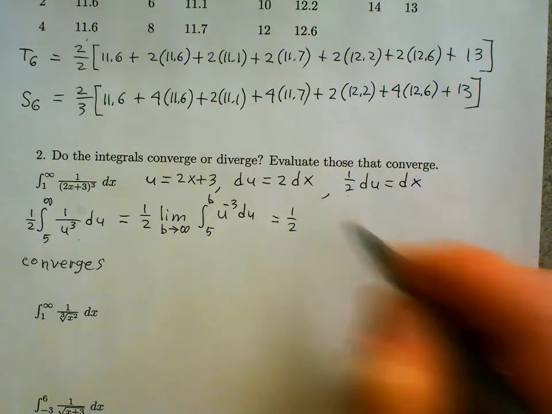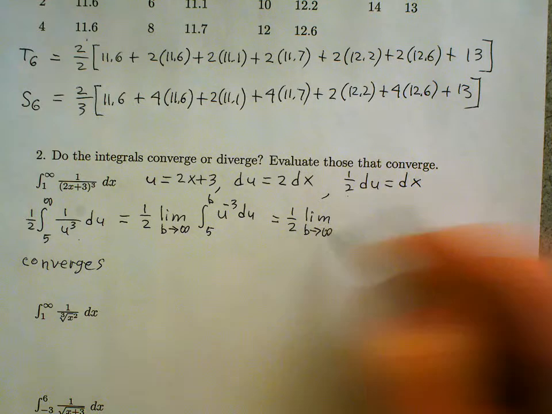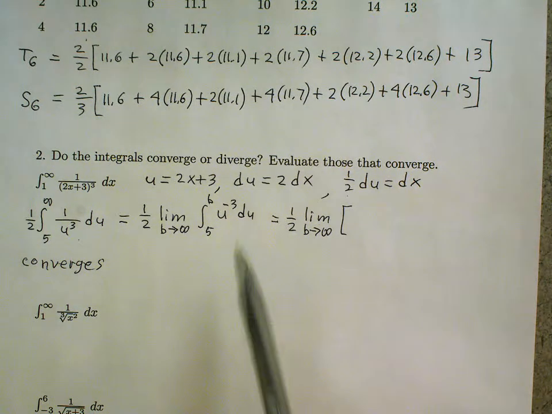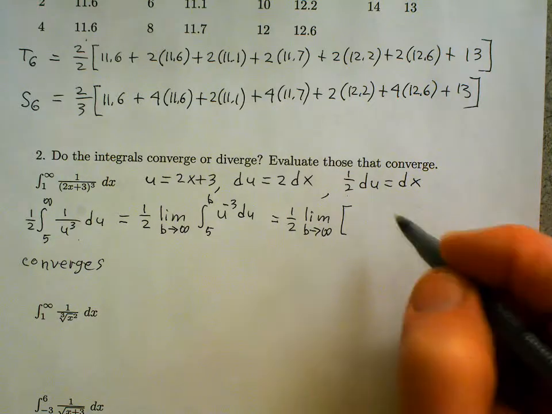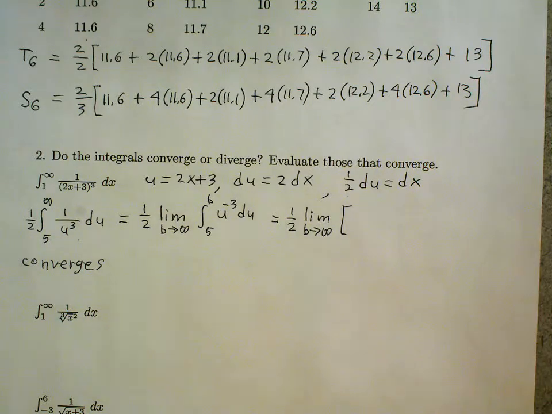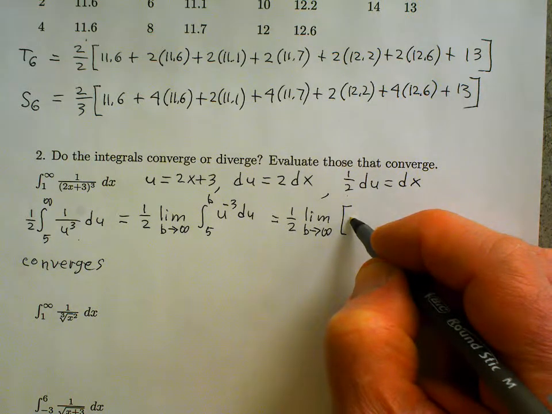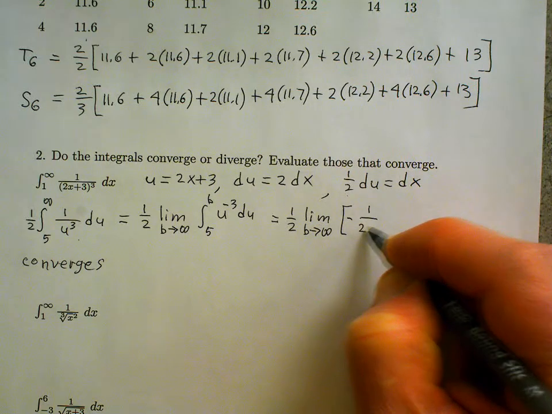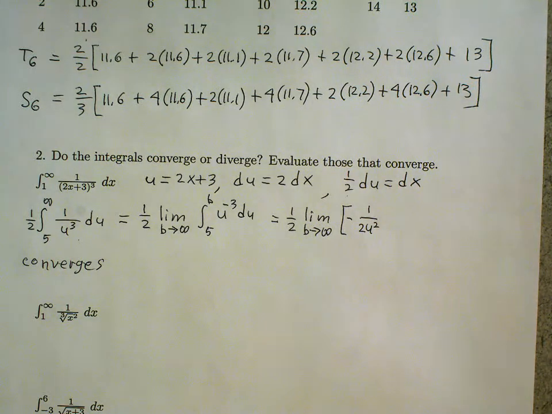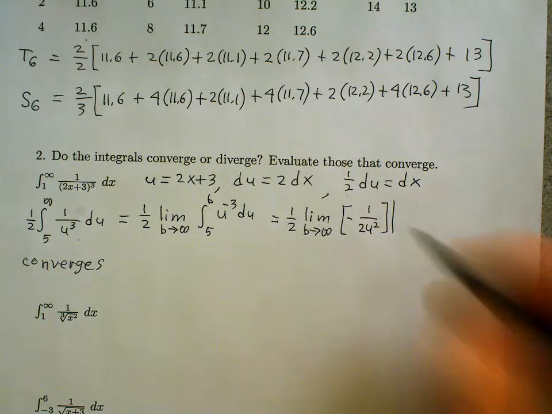The antiderivative is u to the -3 plus 1 divided by -3 plus 1, so that becomes -1/(2u squared), evaluated from 5 to b.